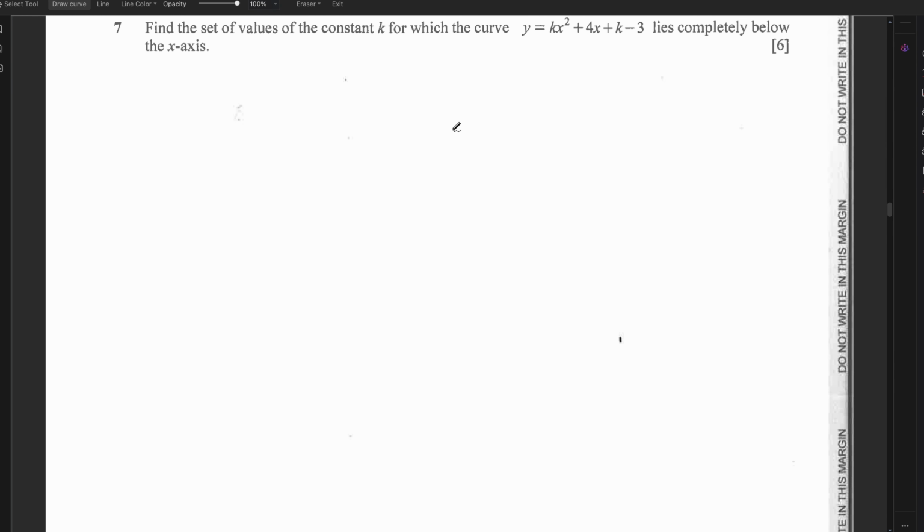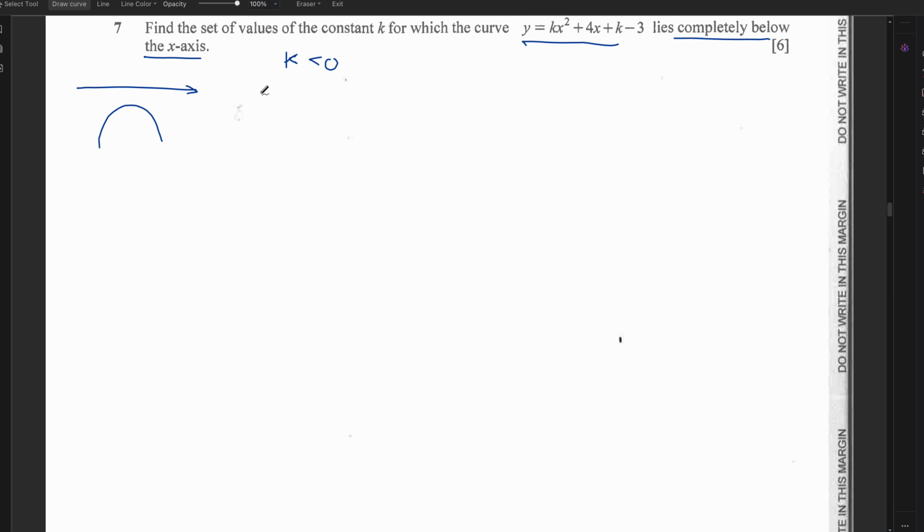Question 7. Find the set of values of the constant k, for which the curve y equals this lies completely below the axis. So if the graph lies completely below the x-axis, k must first be smaller than 0, right?